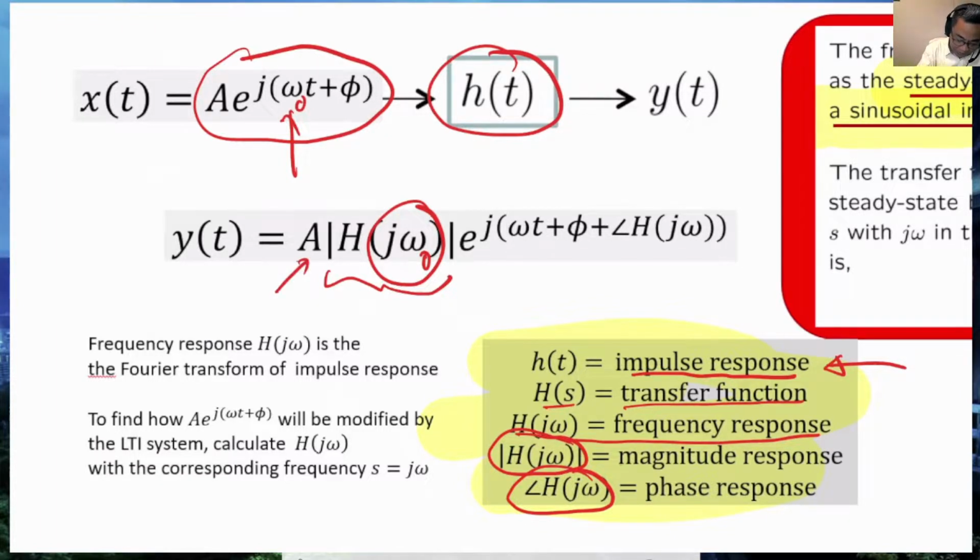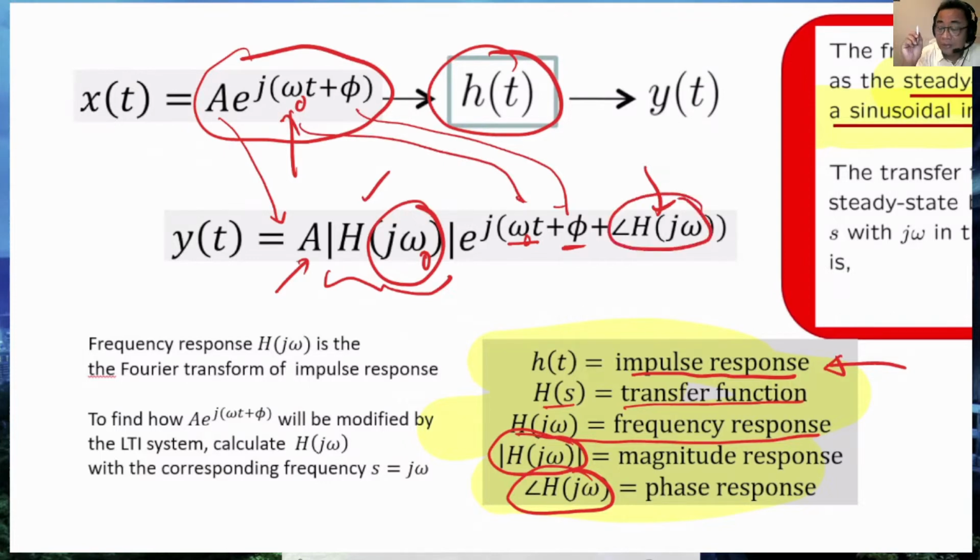So A remains, the A is from here. This is how the complex exponential will be changed as it passes through the LTI system to the output Y. And then of course we also take the angle here. So the original frequency omega naught is here, the original phase is here, but now we have introduced a new phase. This is why we have a magnitude change and a phase change in the output.